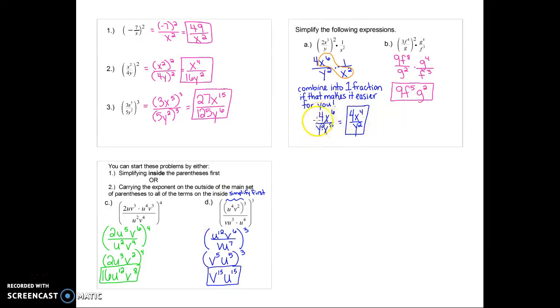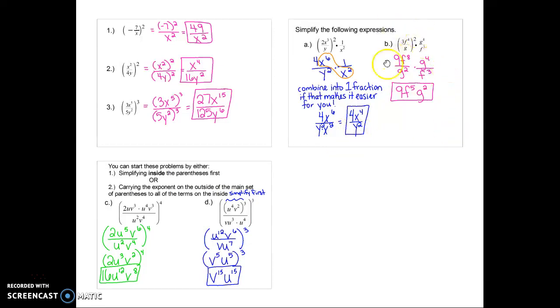The 4, there's no other coefficient to divide, so it's going to stay a 4 in the numerator. I have an x to the 6th and an x to the 2nd. Same base, so you can subtract the exponents to get an x to the 4th. Then this y squared, there's nothing to combine with it, so it has to stay, and what's really important is it has to stay in the same position that it currently is. It is currently in the denominator, so it has to stay in the denominator.